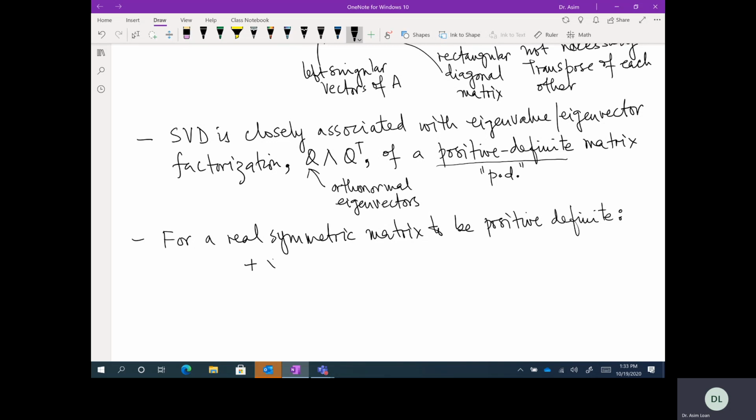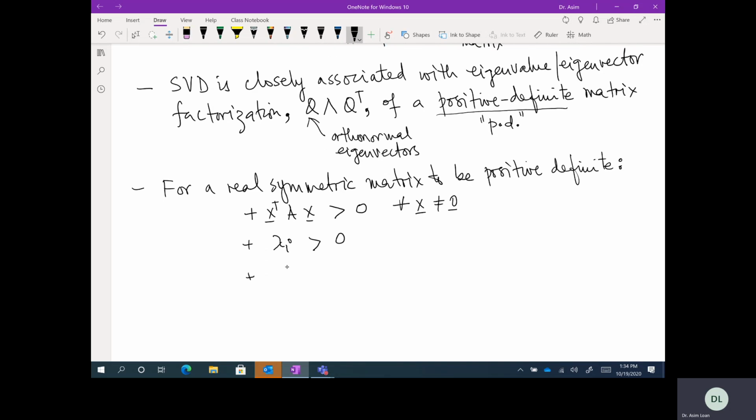First one is X transpose A X is strictly positive for all X not equal to 0. Okay. All the eigenvalues are positive.